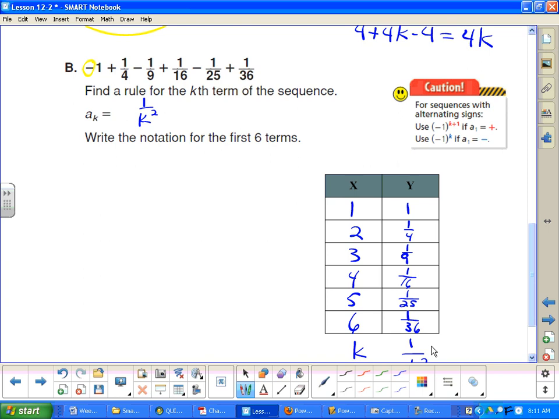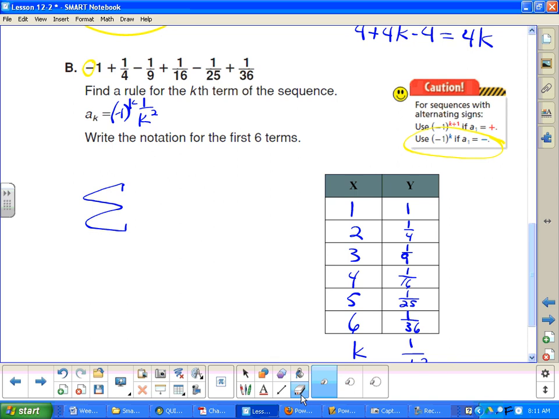And if it's negative, that means we're going to use negative 1 to the power of k. So our explicit rule is negative 1 to the power of k times 1 over k squared.